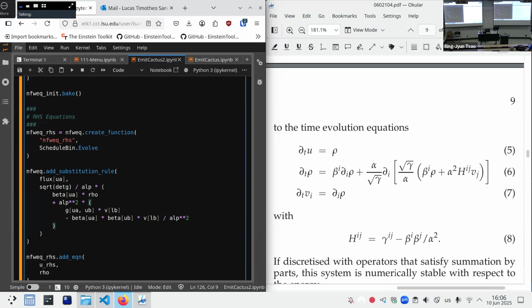We have to order the indices: A, B, C, I, J, K. In that case, you would say L, I, or L, A, whatever.